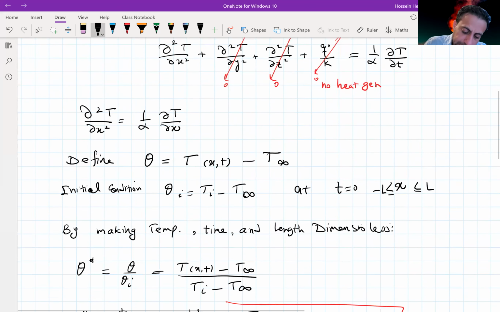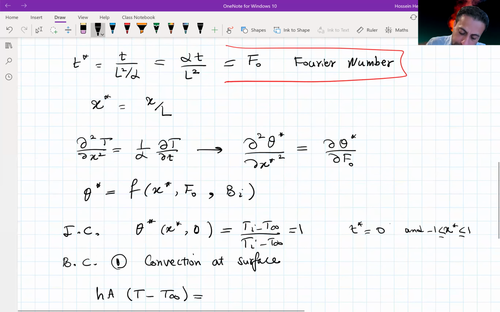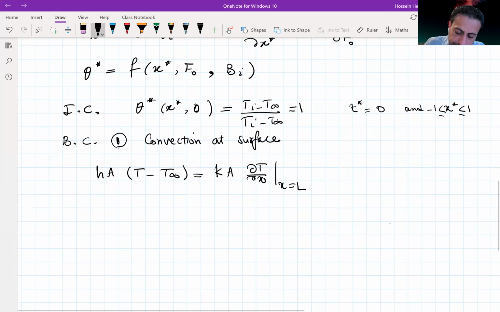The amount of heat that is getting convected from the solid to the medium is equal to the amount of heat that is conducted through the medium. So Newton's law of cooling, hA delta T, is going to be kA dT/dx at x equal to L or minus L. There is a symmetry here.